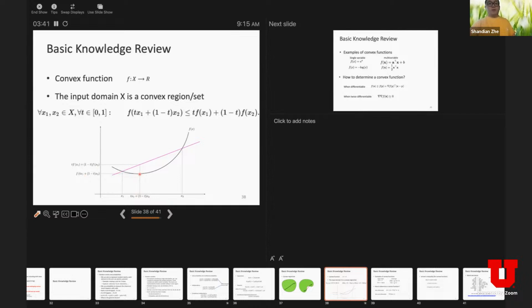That's what the left-hand side tells. If you look at the right-hand side, you evaluate x1 and x2 first, you get function values here and here, and then we combine the function values according to t, which is what the right-hand side tells, right?